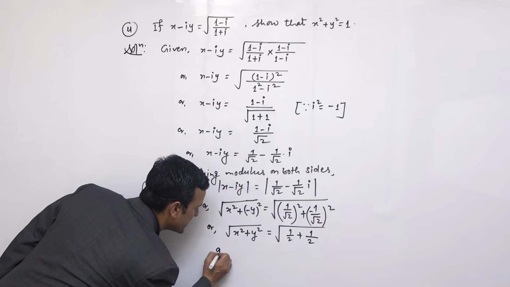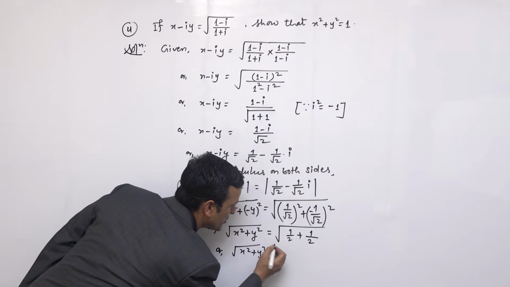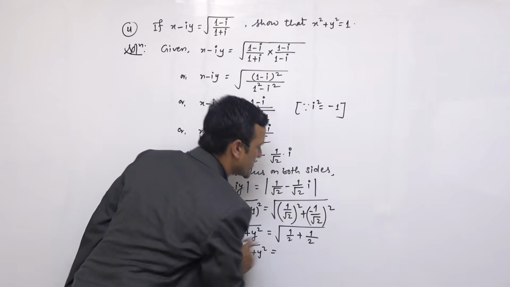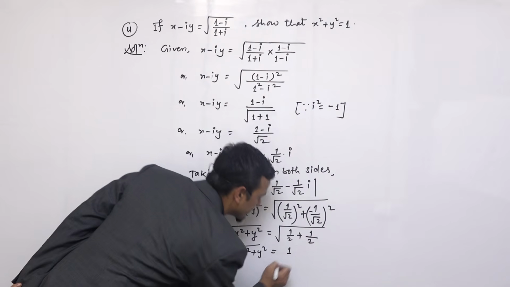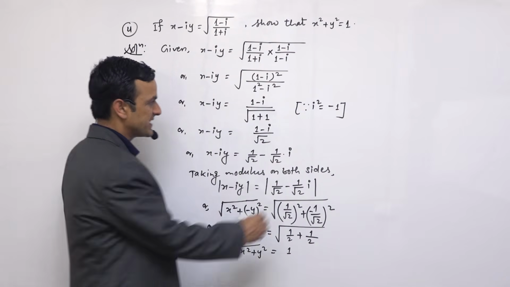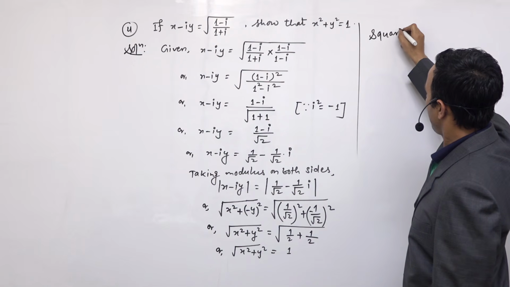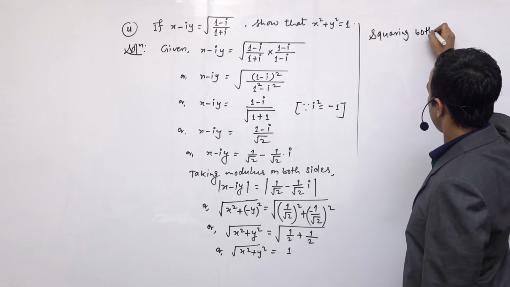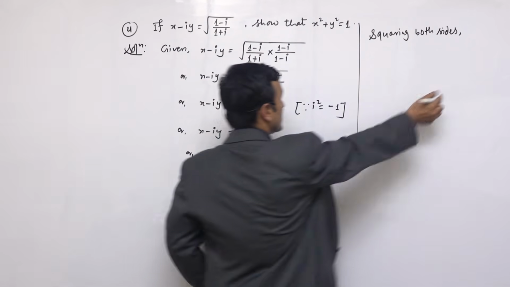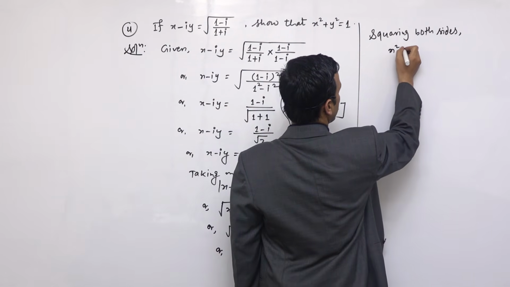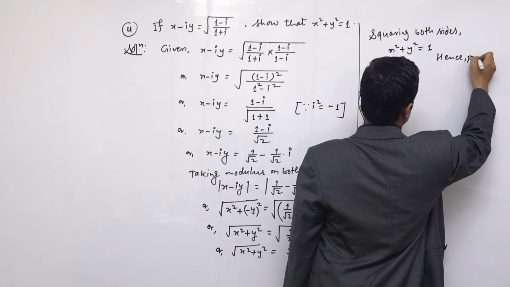So when we solve it, root under x square plus y square is equal to 1 by 2 plus 1 by 2, which means 2 by 2, and 2 by 2 means it is 1. So squaring both sides from here, we get x square plus y square is equal to 1. Hence proved. So this is the result.